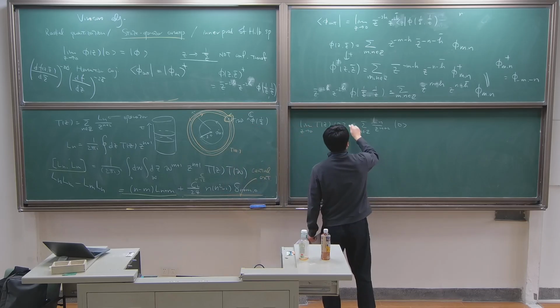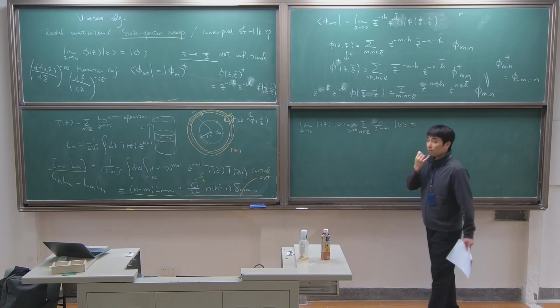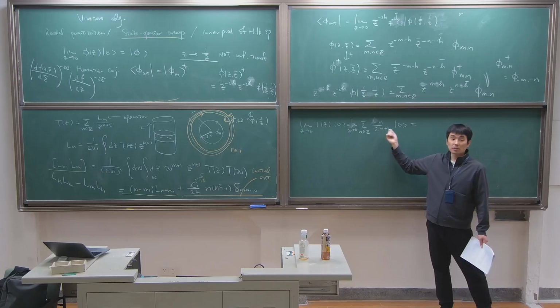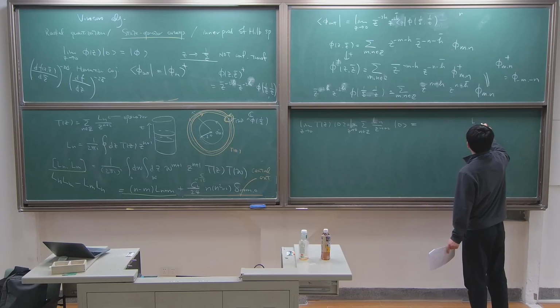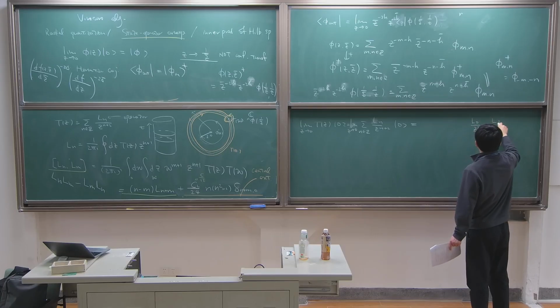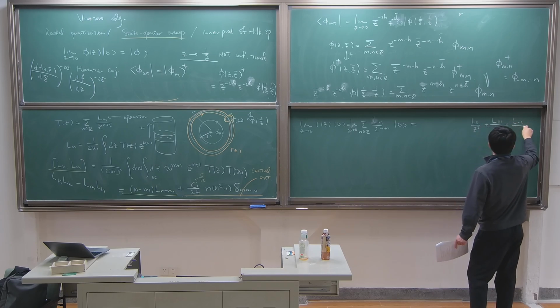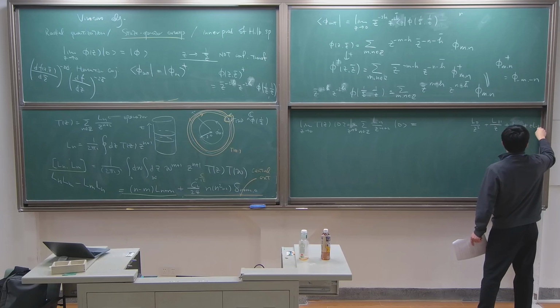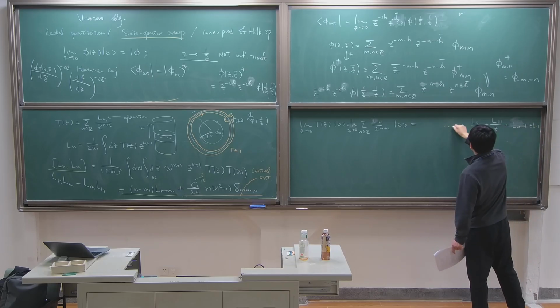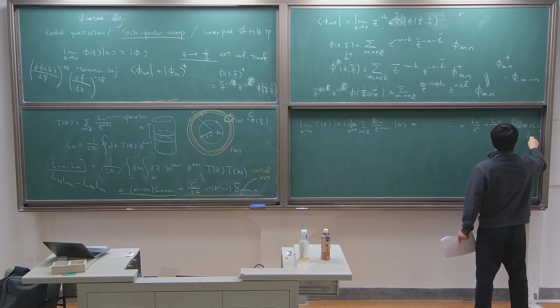And here, of course, I have to take the limit z to 0. So to define the well-defined way of acting, taking the z to 0 limit means that L 0 over z squared plus L 1, L minus 1 over z, plus L minus 2, plus z L minus 3 and so on, acts on 0.